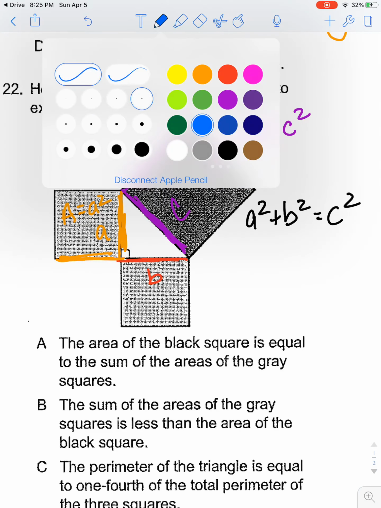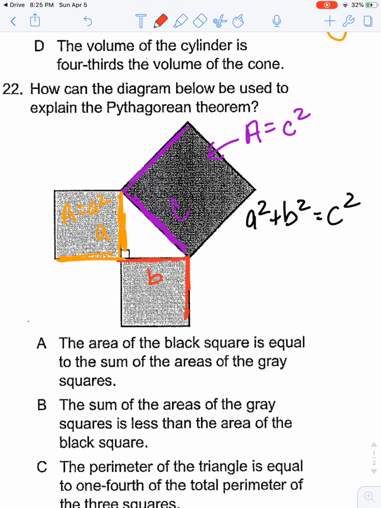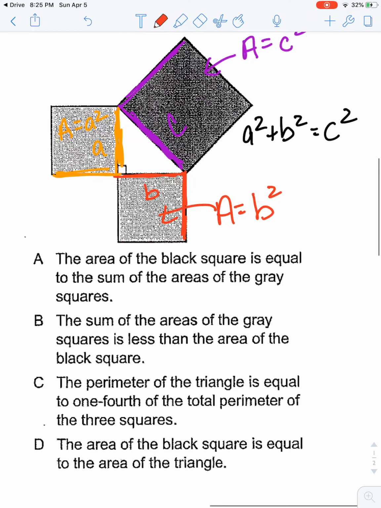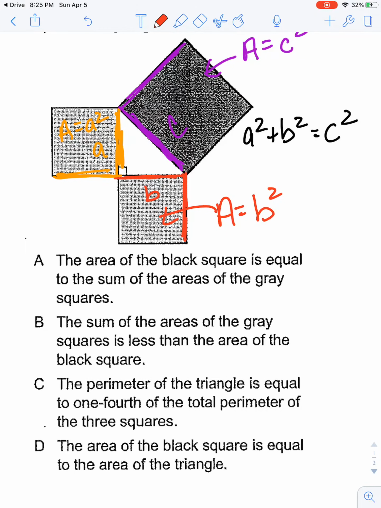And this is B and this is B. The area of this is B squared. So it makes sense to say then that the area of the black square is equal to the sum of the areas of the gray squares.